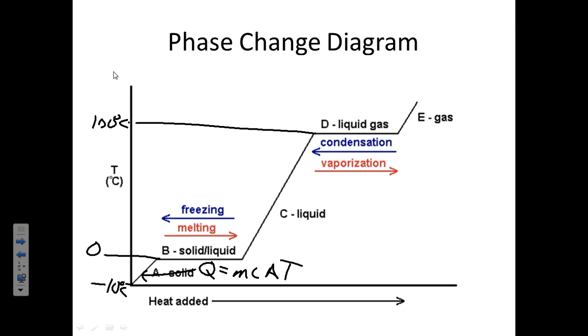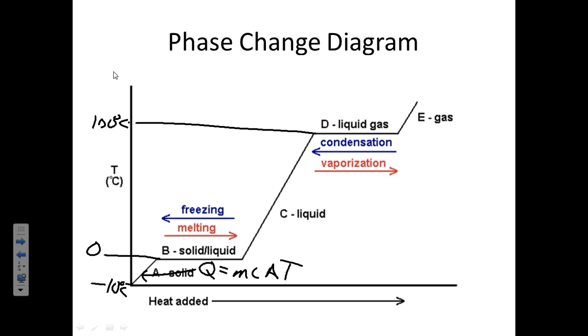We know the mass. This is probably mostly going to be ice, right? So we can look up the specific heat of ice. It's on the previous slide. And how much are we trying to raise the temperature here to begin with? From -10 to 0. So we can plug that in and calculate how much heat it would take to raise a certain amount of ice from -10 up to 0.